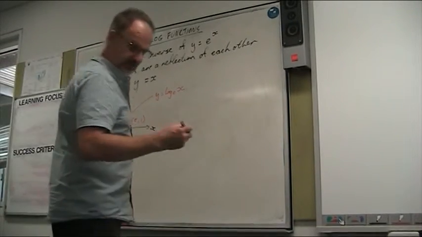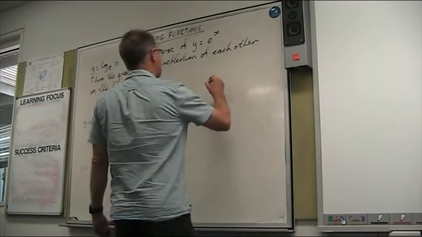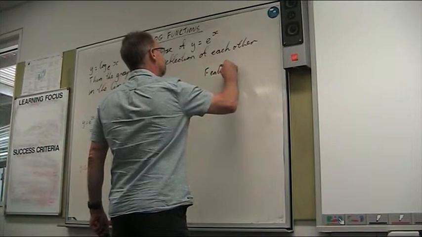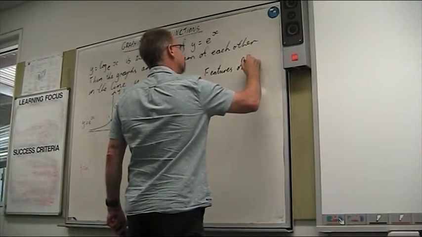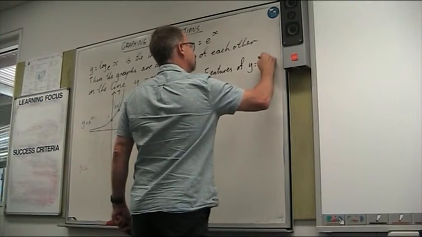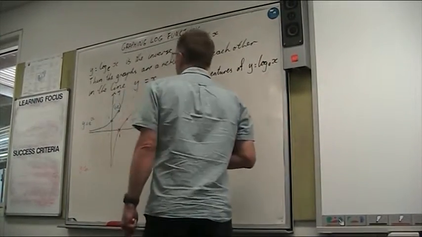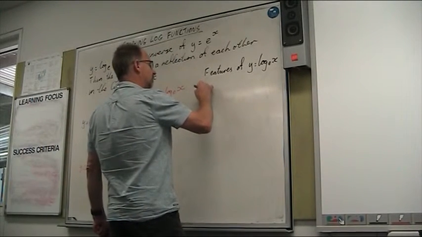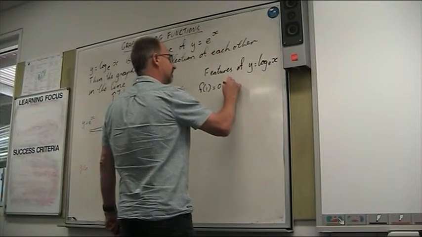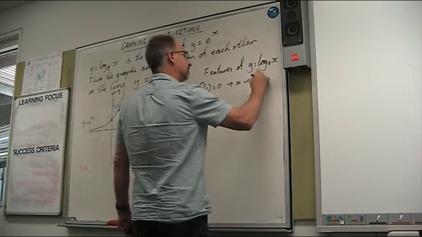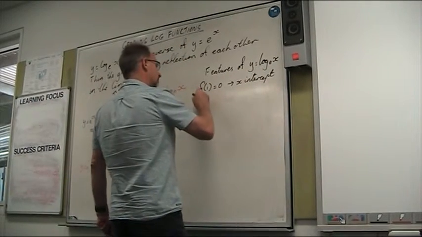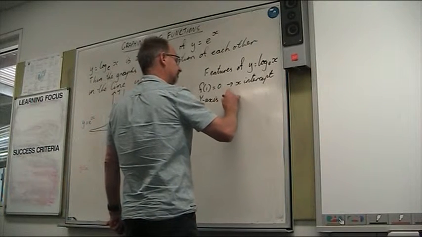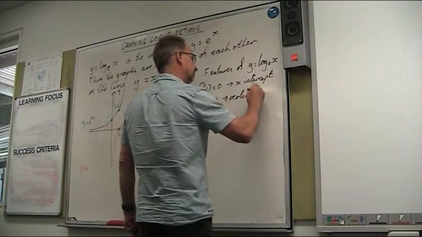Alright, so our features of log graphs: we have an x-intercept, f of 1 is equal to 0, so that's our x-intercept. The y-axis is the vertical asymptote.